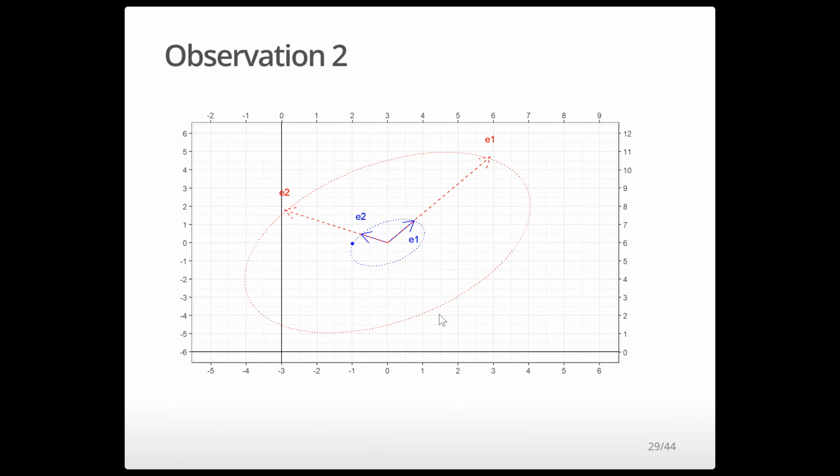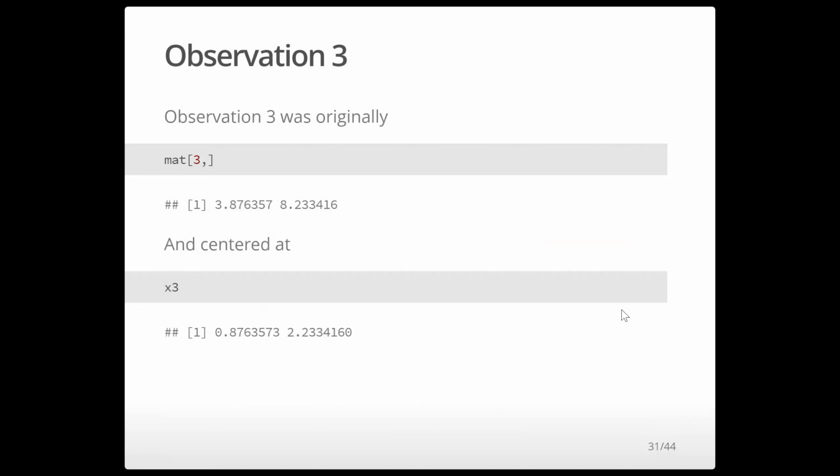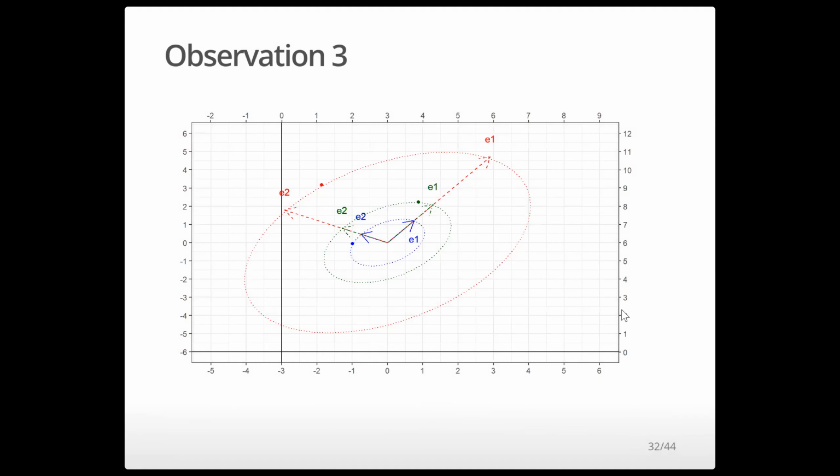We're seeing a different constant distance based on a different data point. And if I add the point, again, note it's in a different direction. It's on the other side of this second eigenvector, but it's also along this ellipse. And finally, observation 3, we can plot in green, is over here, also along the green ellipse.